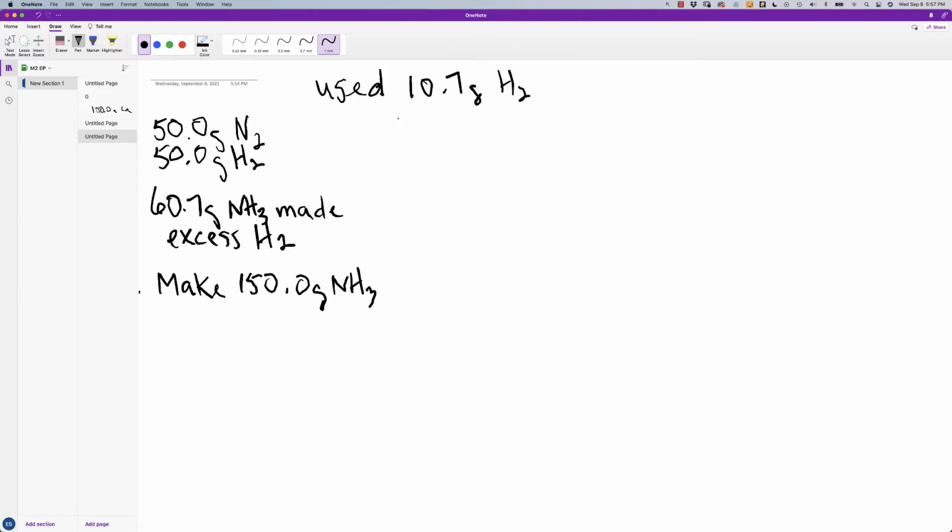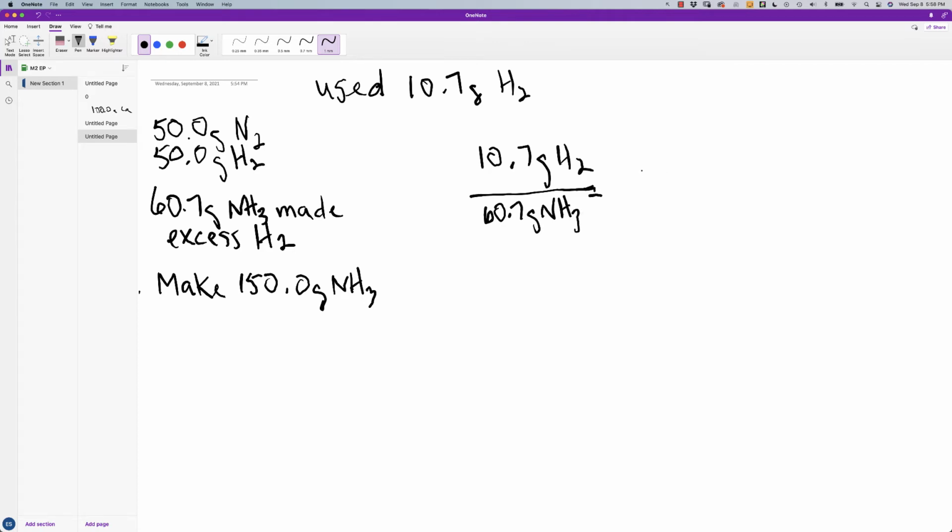This is how much we used. So if we're doing our ratio, then we know that 10.7 grams of hydrogen is used for every 60.7 grams of ammonia.